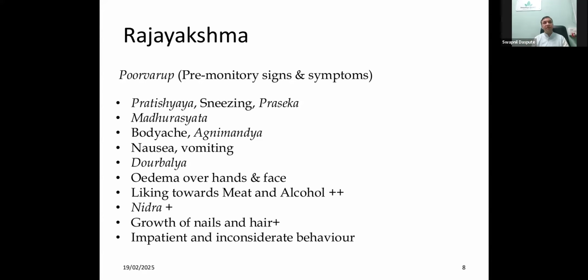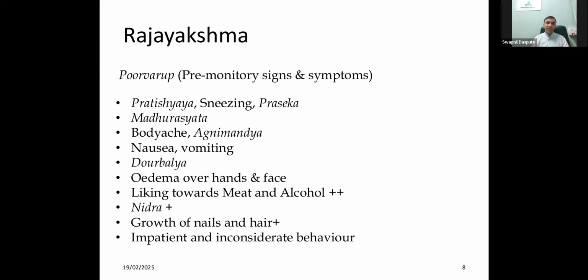So liking towards meat will happen because there is kshaya of Mamsa dhatu. When there is Agni Mandya, liking towards alcohol is there. Nidra will be excess because of weakness, of course, because of the Daurbalya, Nidra will be more. Agni Mandya, Nidra will be more, Kapha Prakopa, Nidra will be more.